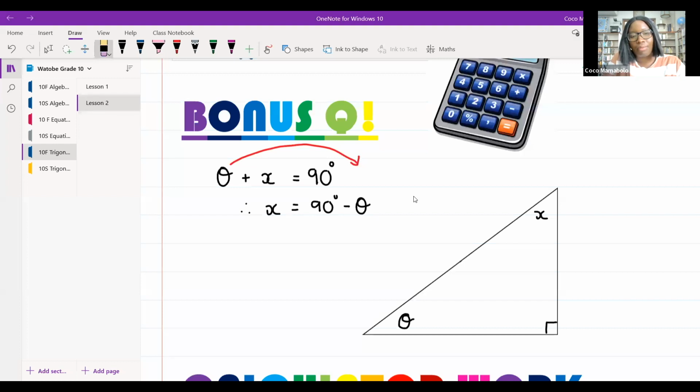We have to transpose it so that x is on its own on this side. It's like when we were doing literal equations, guys: we're not going to get actual answers. My answers are going to have thetas and x's and y's in them. But the point is I'm looking for the unknown angle.